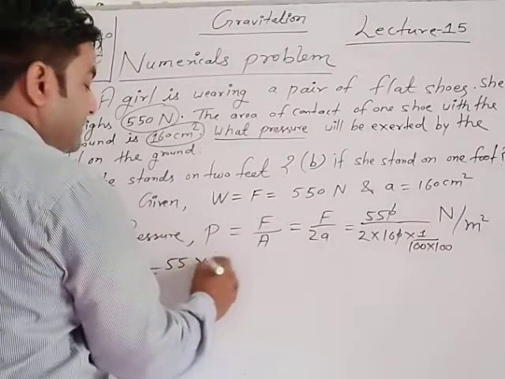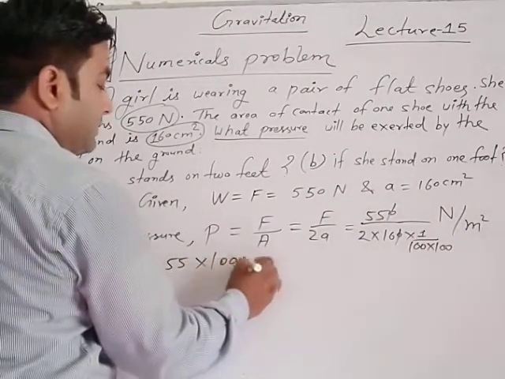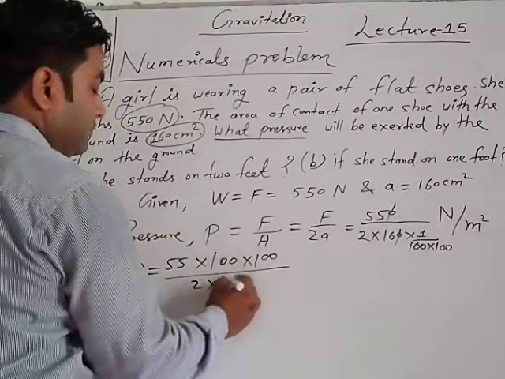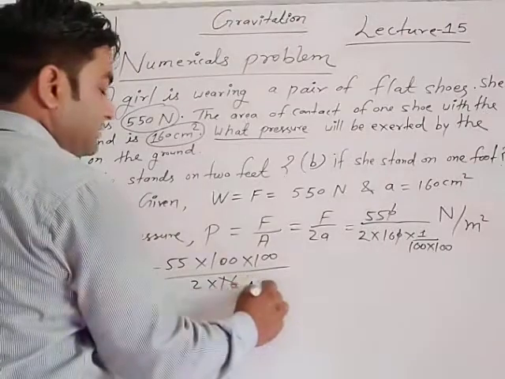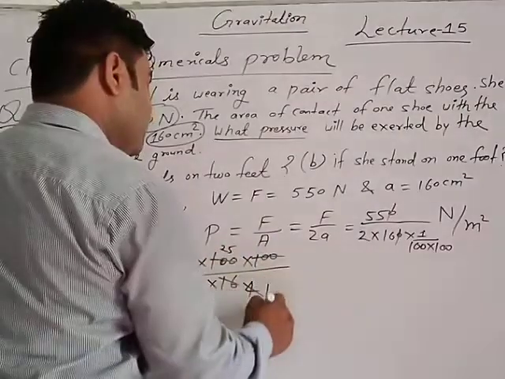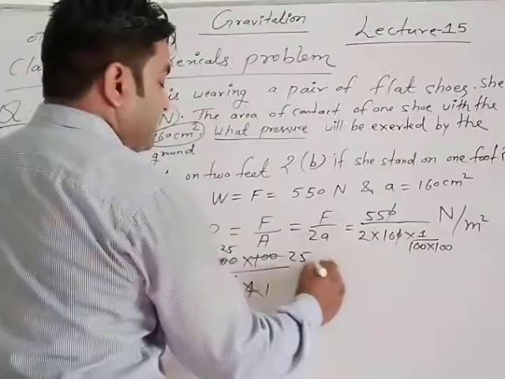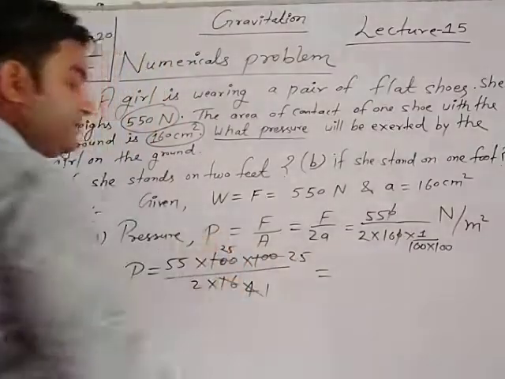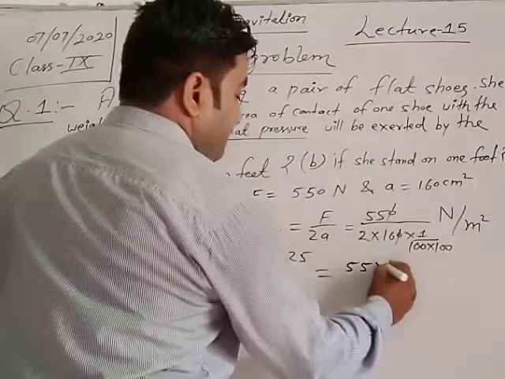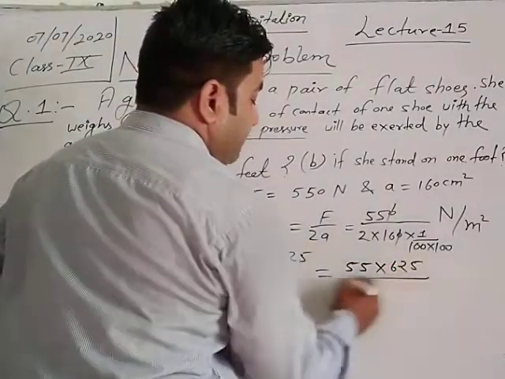Then P is equal to 55 into 100 into 100 upon 2 into 16. 4 fours are 16, 4 twenty-fives are 100. Again 4 ones are 4, 4 twenty-fives are 100. So 25 twenty-fives are 625, and we have 55 into 625 upon 2.